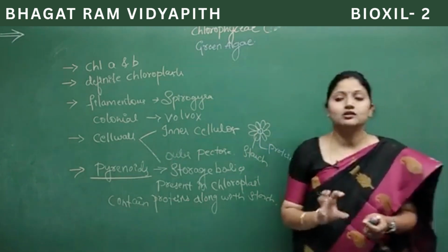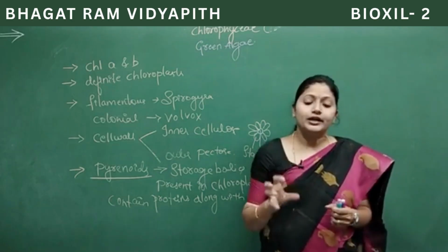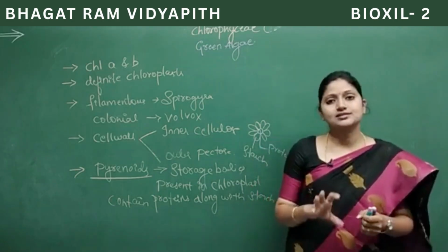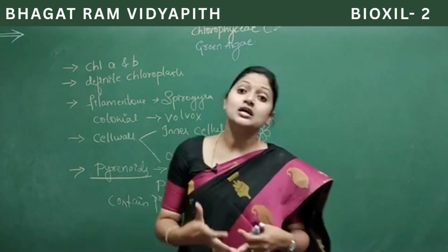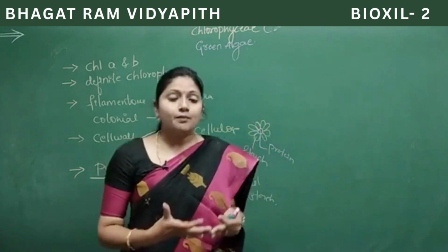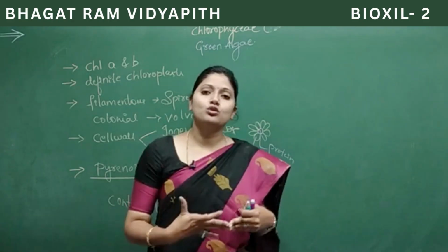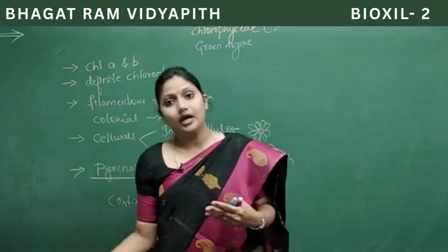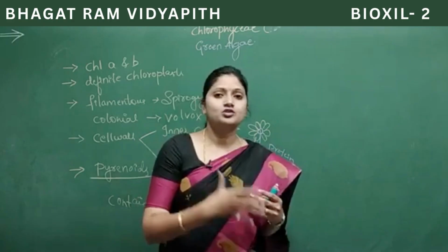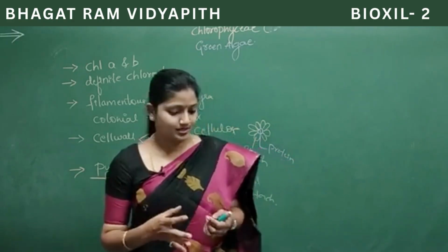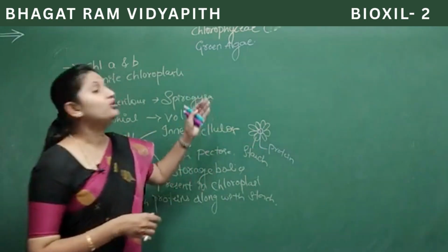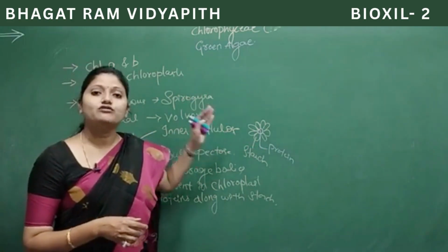So pyrenoids are the storage bodies and usually they store starch because they are photosynthetic in nature. As a result of photosynthesis, glucose is produced, which is converted into starch, and along with the starch, proteins are also stored in the pyrenoids.